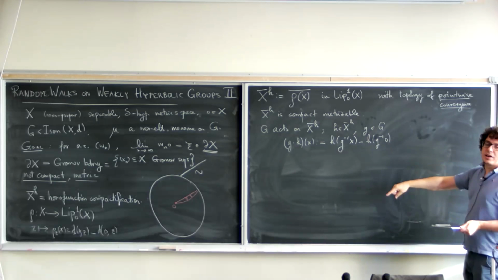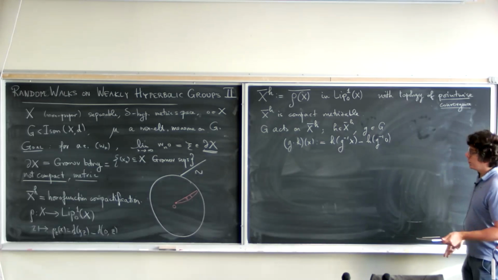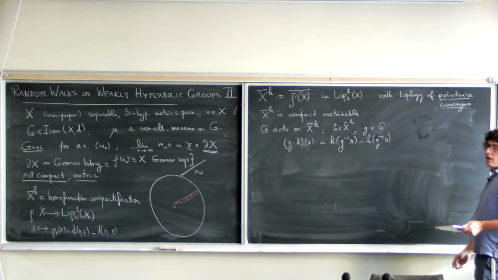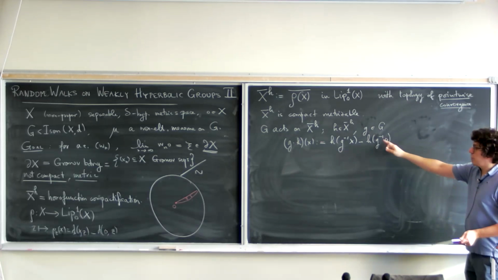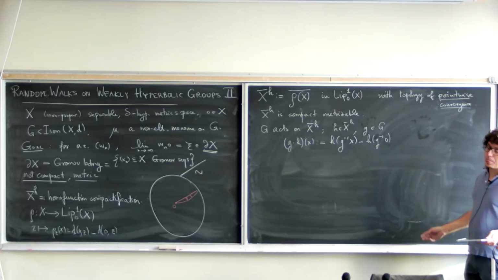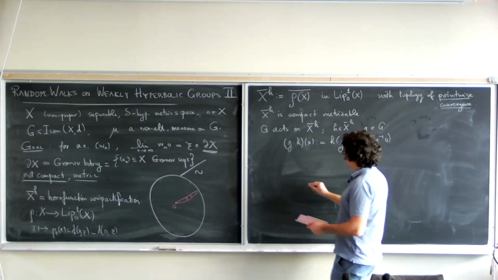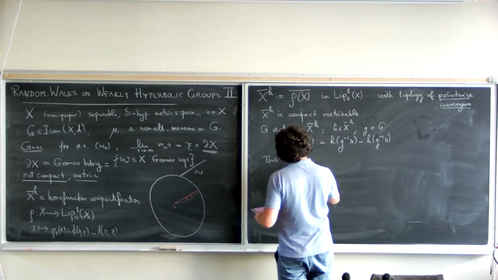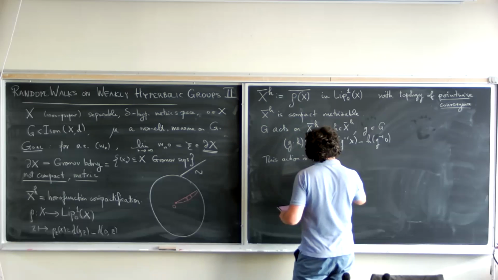You act on the space, you look at the function, and you have to take g inverse by the fact that you want an action. And this second term is just to make sure that this still is zero at O. So there is this action, and this action is by homeomorphism.